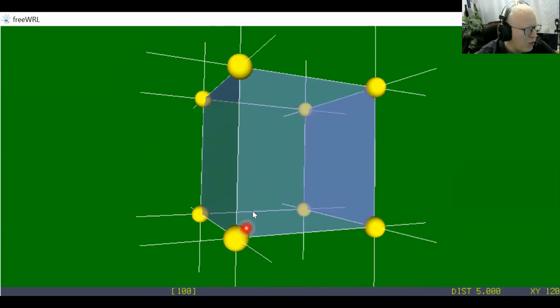Simply, we have one atom allocated in each corner. A cube has 8 corners, so you have 8 atoms in this structure. So this is a simple cube.